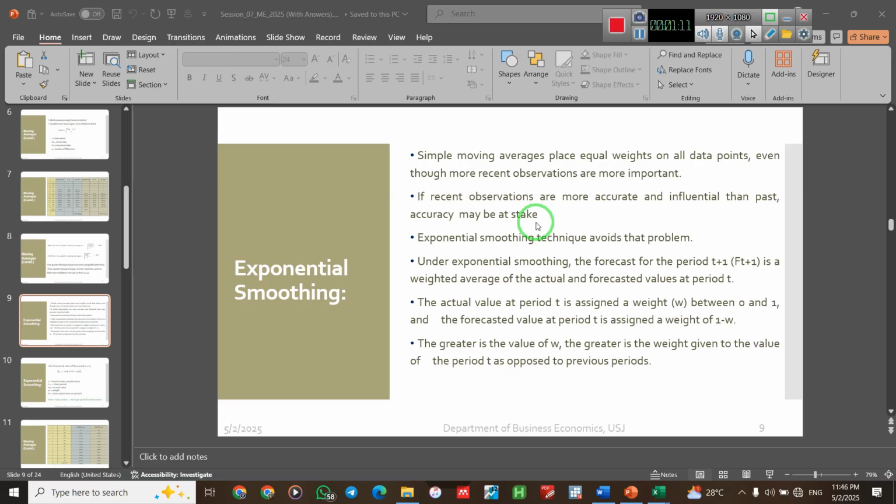We have more influence from the March and April months. So the exponential smoothing technique avoids that problem, and we use this technique to avoid that issue, right?